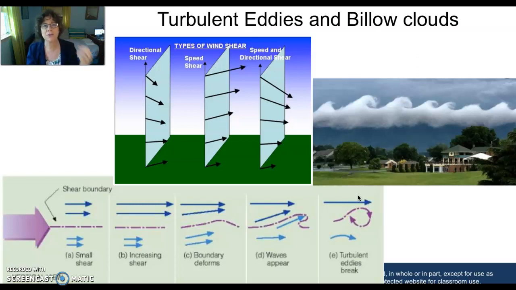And we know the vector of the wind is the speed of the wind and the direction of the wind. Well, that obstruction can impact both. It can impact just the direction, and that would be directional shear, or just the speed of the shear. But most times, wind shear and the obstruction impact both the speed and the direction of the shear.